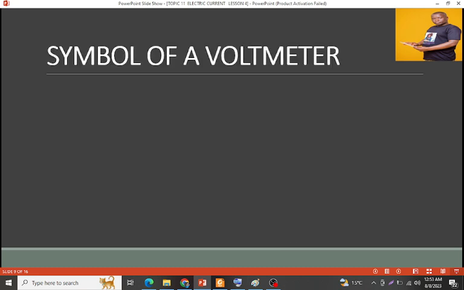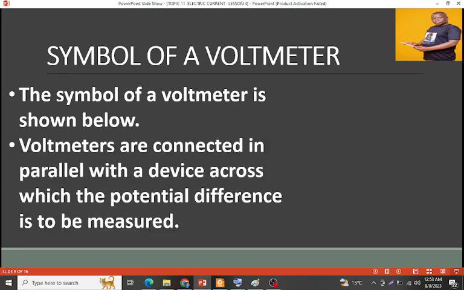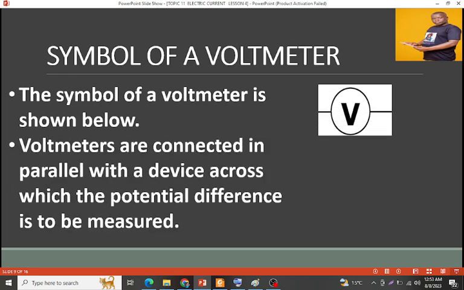So when you are drawing circuits, a voltmeter is represented by a symbol like this one here. You have the letter V inscribed in a circle.